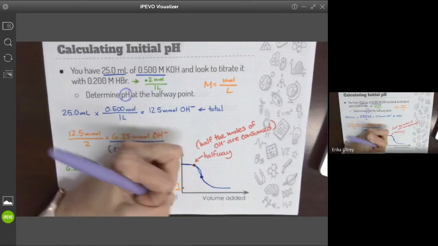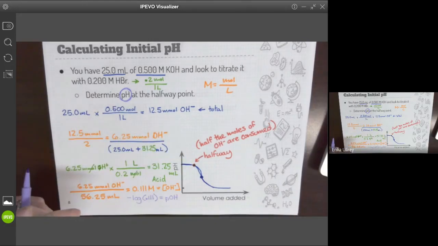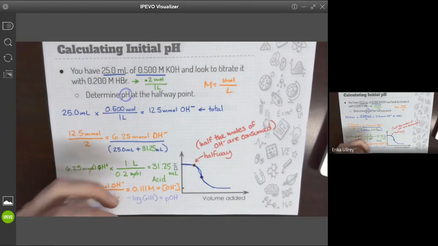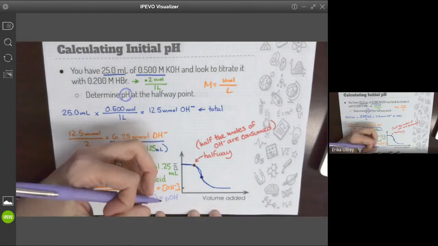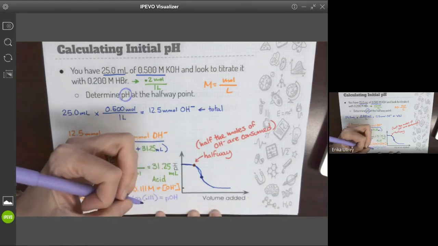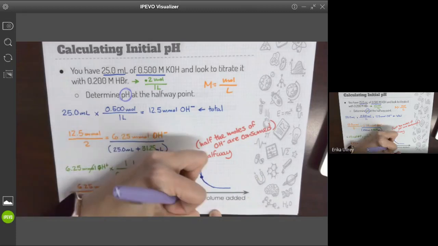Perfect. So negative log of that, second answer, that's a pOH of 0.95.